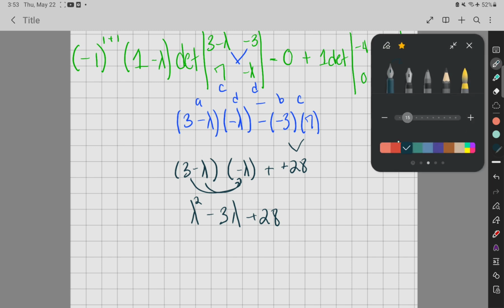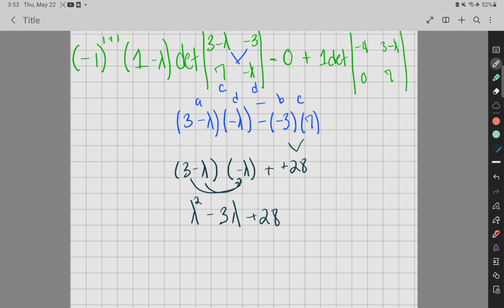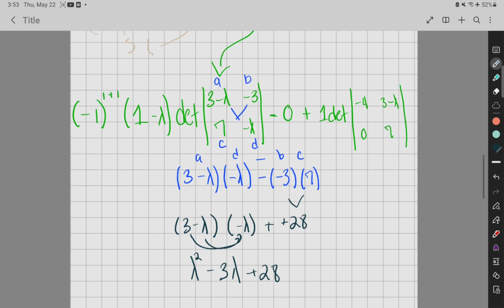So then after that, we're going to focus on this side of the problem. This side is pretty simple. But I said 28. I'm sorry. This is supposed to be 21. But essentially, you're doing the same thing.